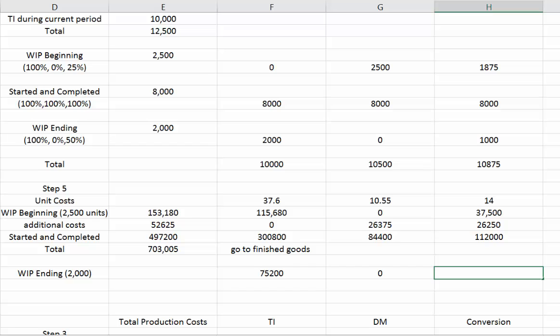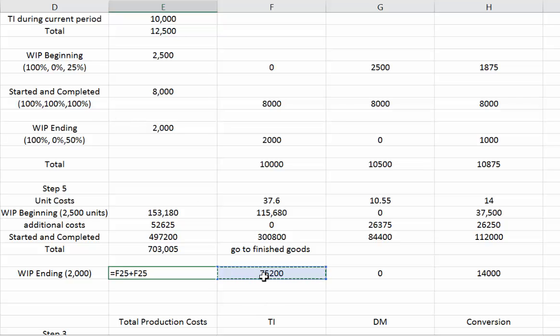Then we multiply 1,000 by $14. So right now I can add all these three numbers to report the WIP ending balance for these 2,000 units, which is 89,200.